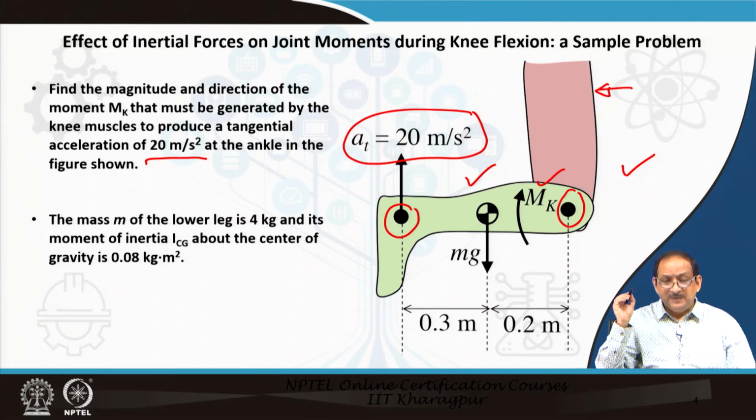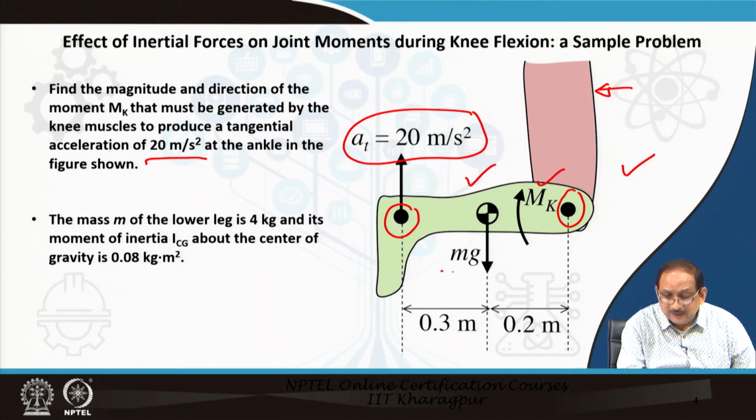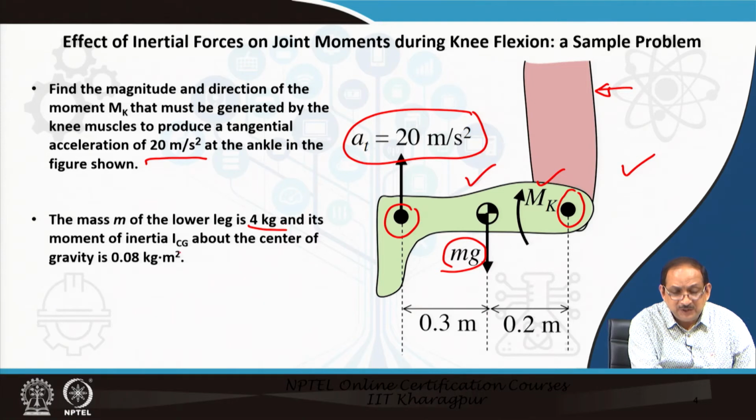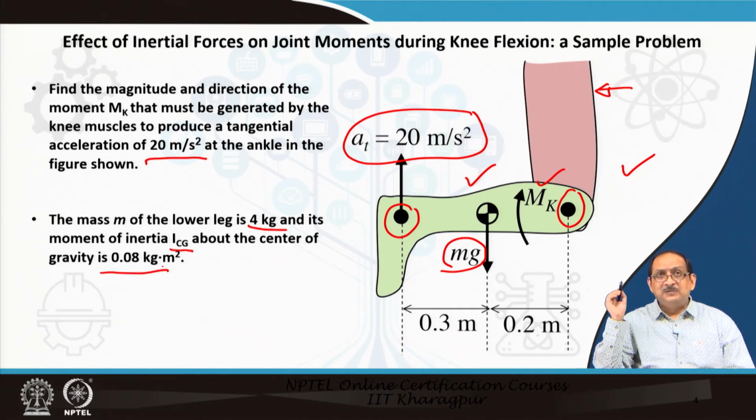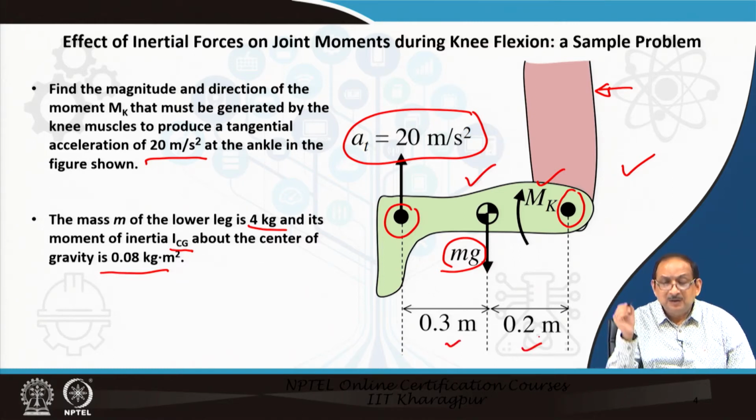The mass M of the lower leg is given as 4 kg and the moment of inertia I about the center of gravity, ICG, is given by the value indicated in the slide. The dimensions of the center of gravity of the lower limb from the knee joint center and the ankle joint center are also marked here in the figure.